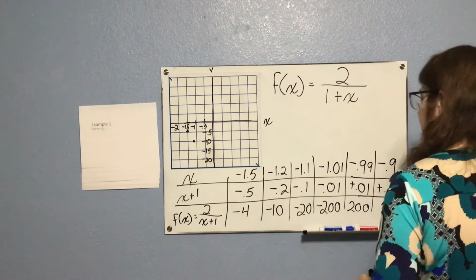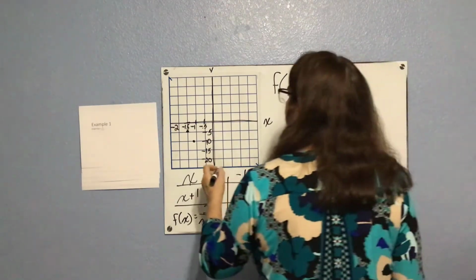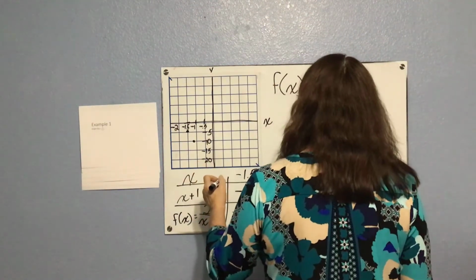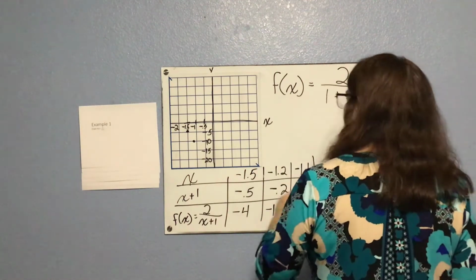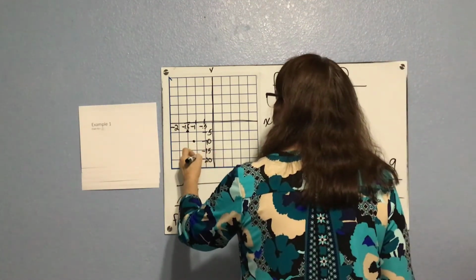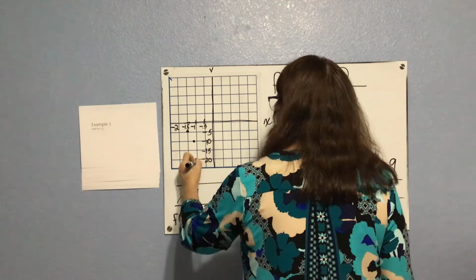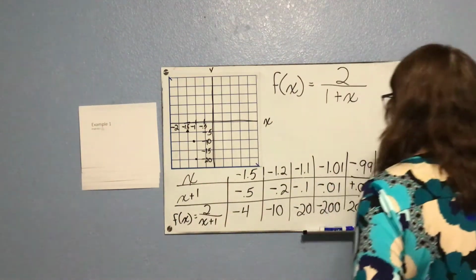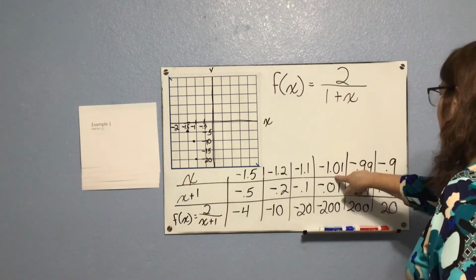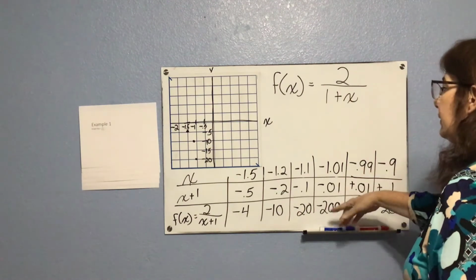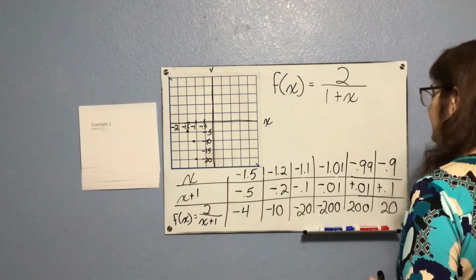At negative 1.1, I'll be at negative 20. And then, of course, at negative 1.01, I'm at negative 200, which is going to be way off of my scale.